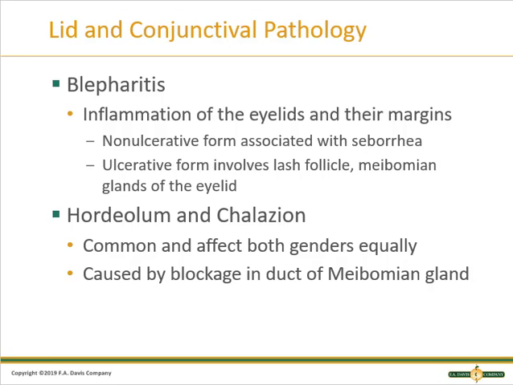Subjectively, the hordeolum can have localized tender inflammation and redness at the margin of the eyelid. And the chalazion commonly presents slowly developing, and it's painless, but it can have a hard mass that has inflammation and can involve the surrounding tissues.